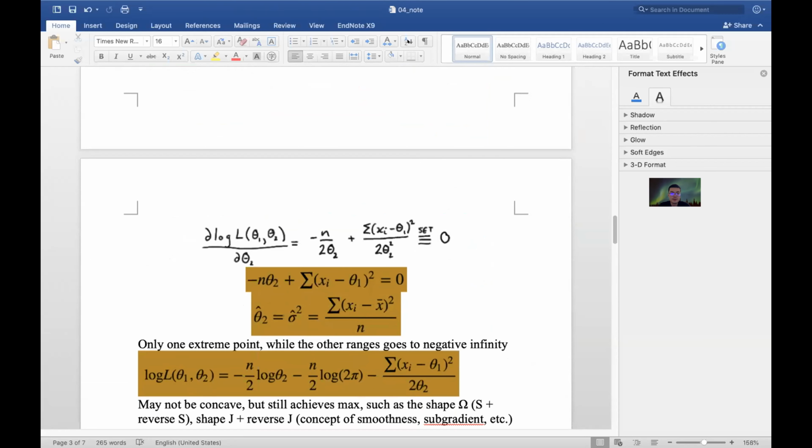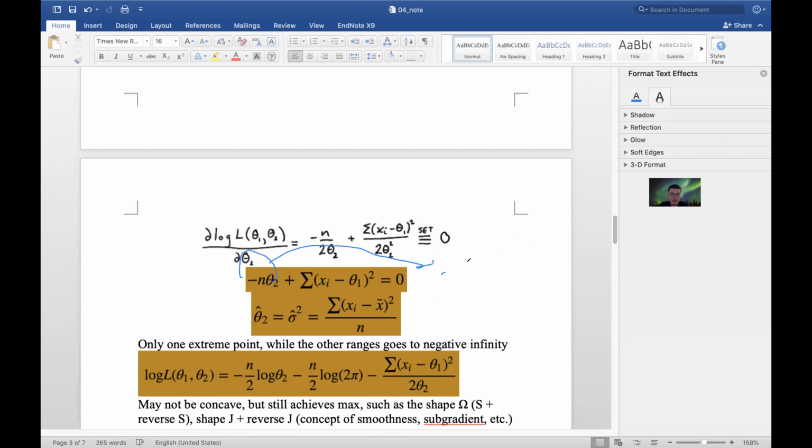Now what we need to do is set this to 0. If we set this to 0, you can multiply both sides by 2 theta 2 squared. On the right-hand side, we get 0. On the left-hand side, there's a 1 over theta 2 here, and this theta 2 cancels. So this gives you this result, and then you move this thing to the right-hand side.